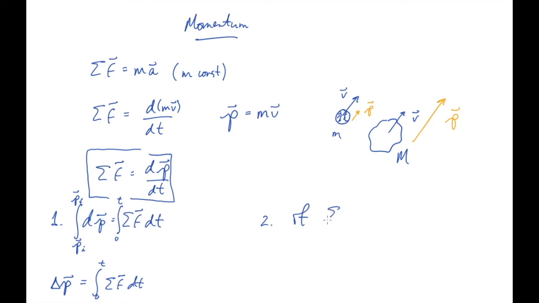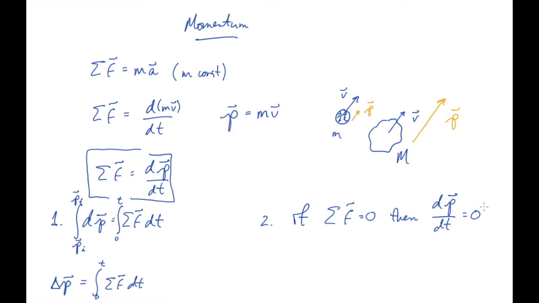If the net force acting on something equals 0, then the time derivative of the momentum equals 0. And you know that if the time derivative of something equals 0, it means that thing is constant in time.